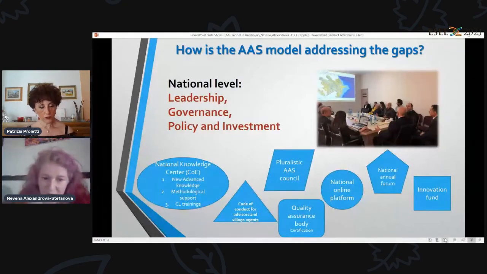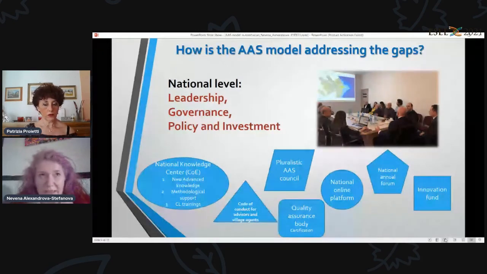So that's part of the module you can think of like the brain of the agriculture advisory services system. So for the brain, I have listed here on the slide the new elements that are being introduced to the system. And there are a lot, because this is exactly where intervention had to be designed.